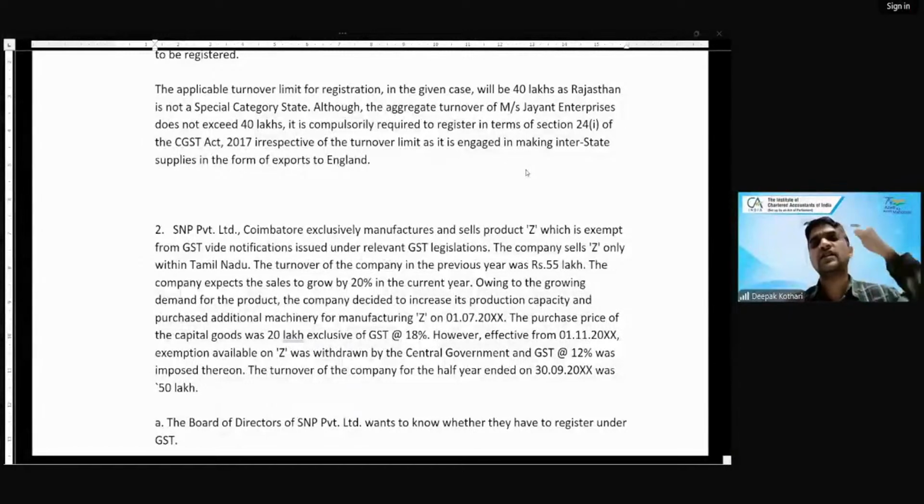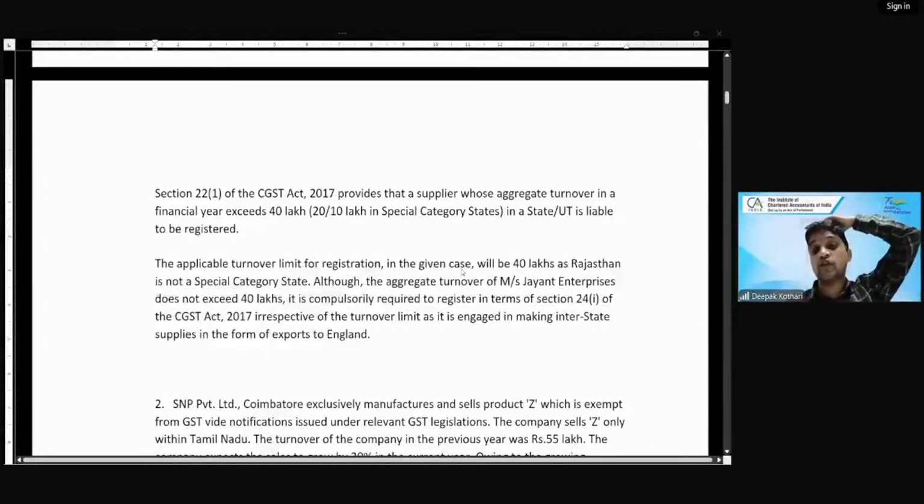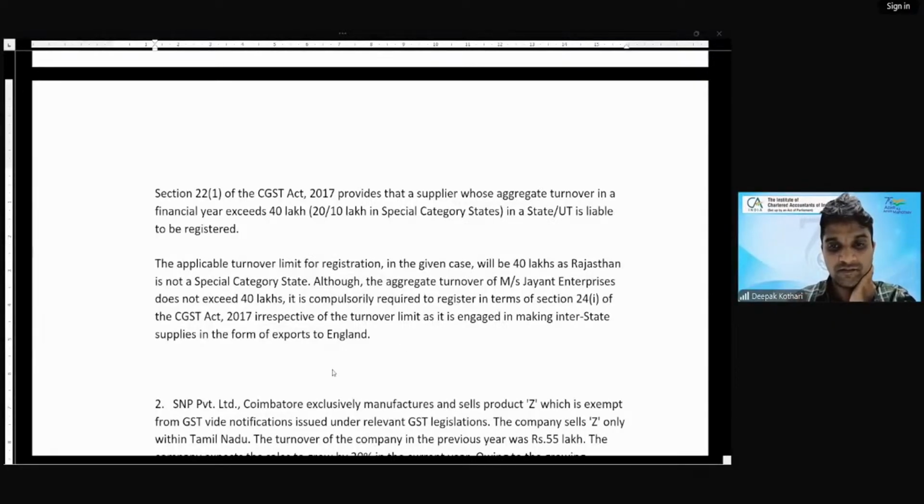Nothing of previous year. In this year itself, in the year which you are in, if you're making any interstate transaction, you have to take registration compulsorily.